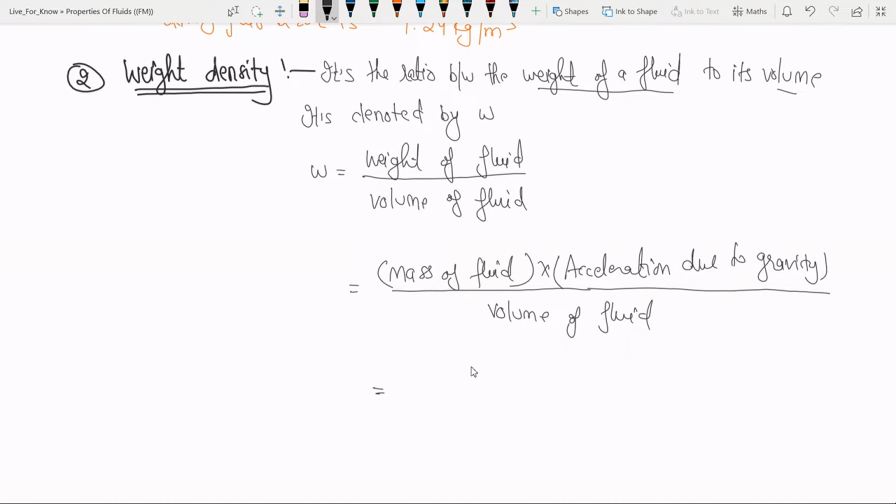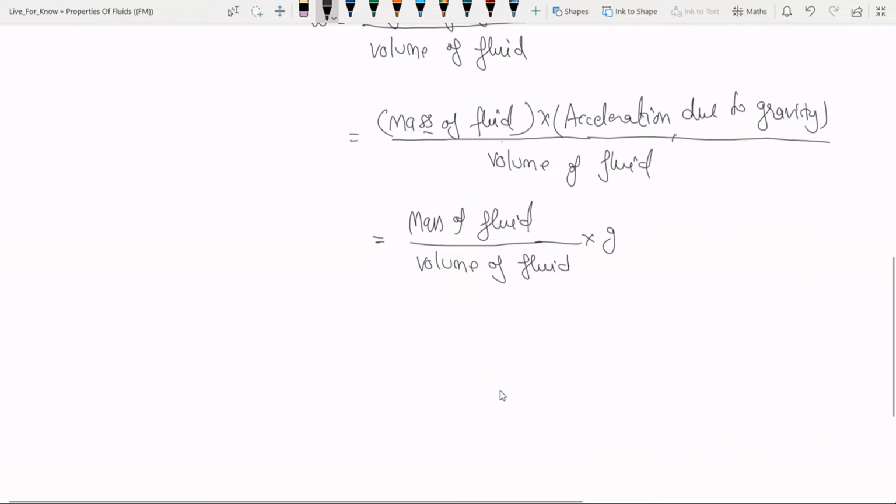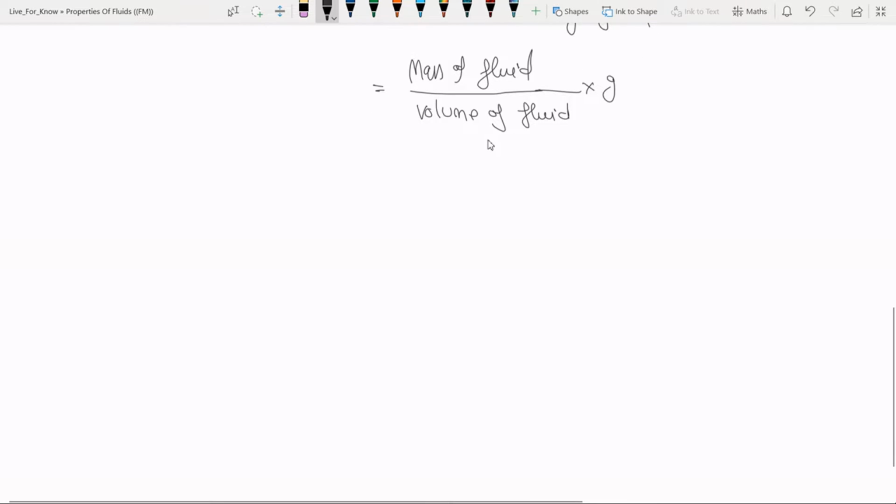So it comes as mass of fluid divided by volume of fluid into g, because g is the acceleration due to gravity, and the whole mass by volume is rho.